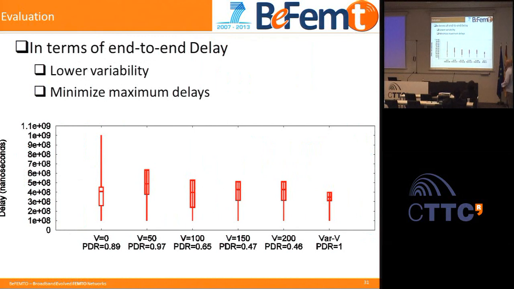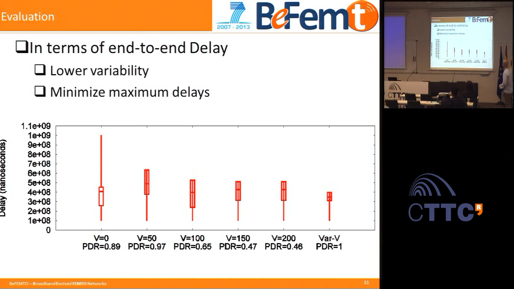In terms of delay and packet delivery ratio, we plot the distribution of packet delay, and we saw that for the fixed V policies we lose packets because of Q drops, and we experience high variability in terms of packet delay.